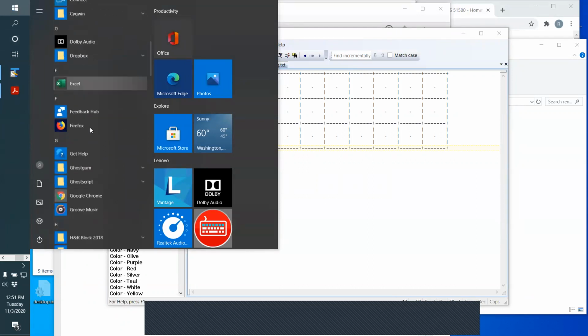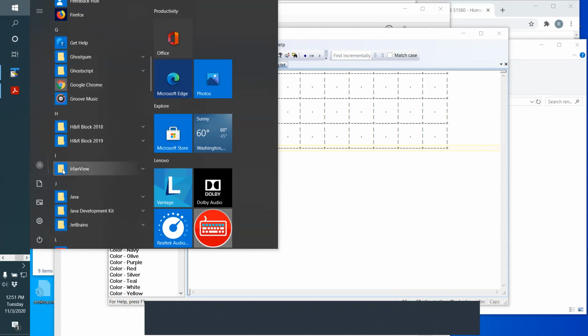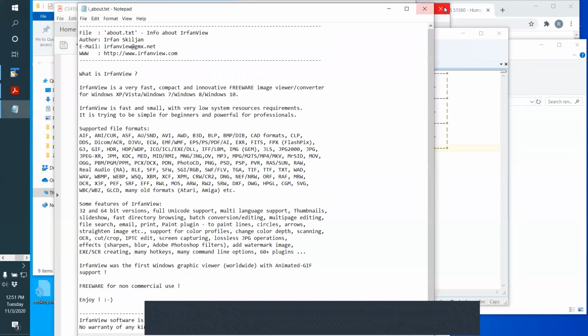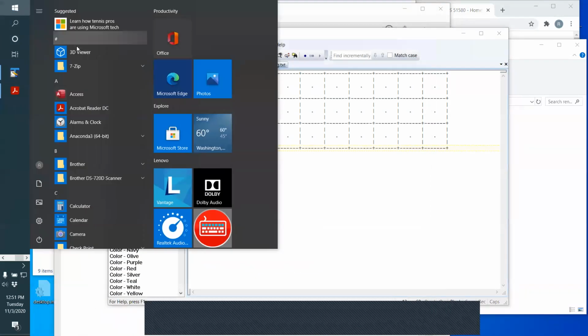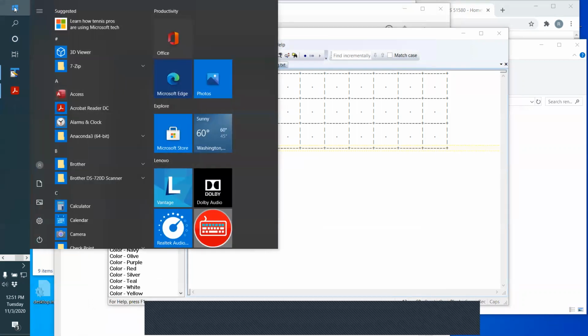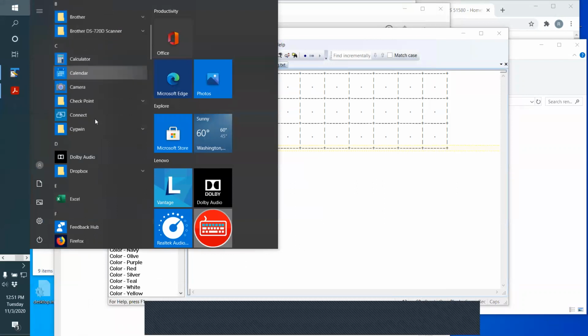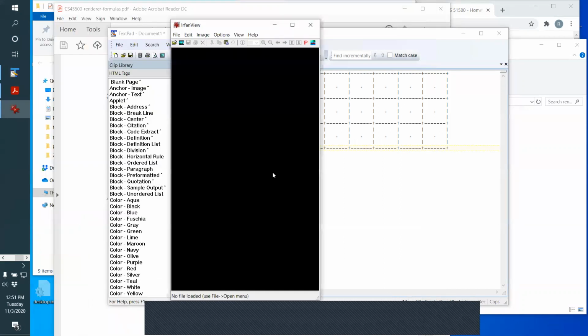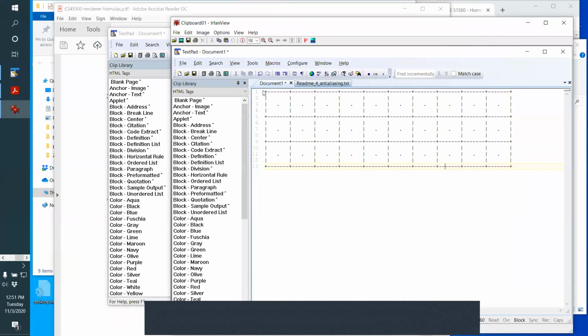I don't know why Windows is not cooperating with me. I don't have search on my Windows. Okay, so here's Lerp Formula view. There's my screenshot.